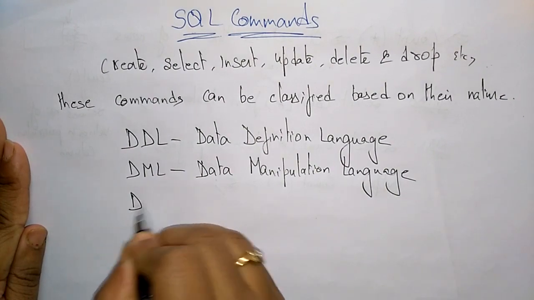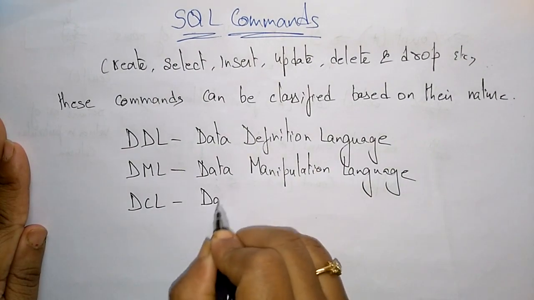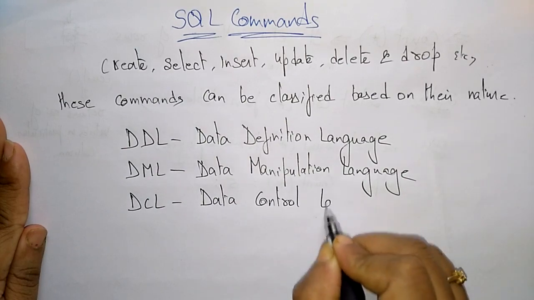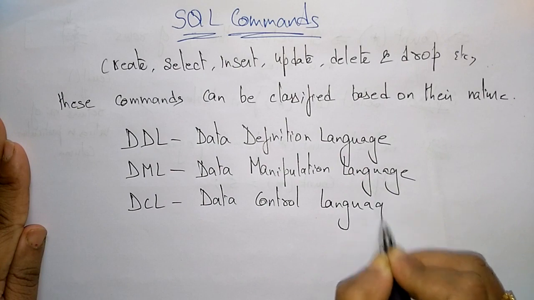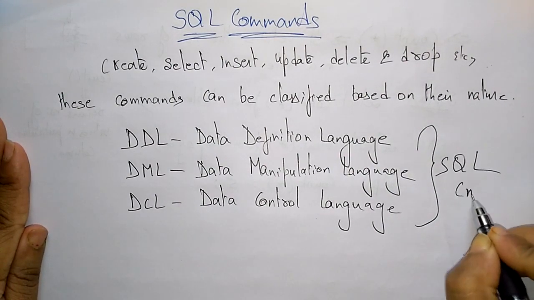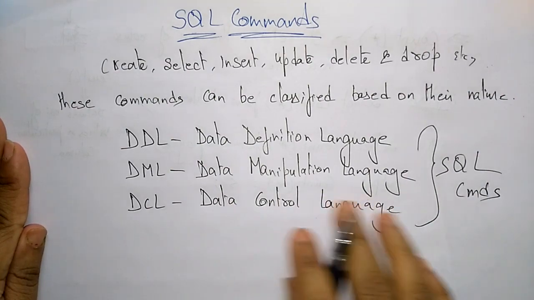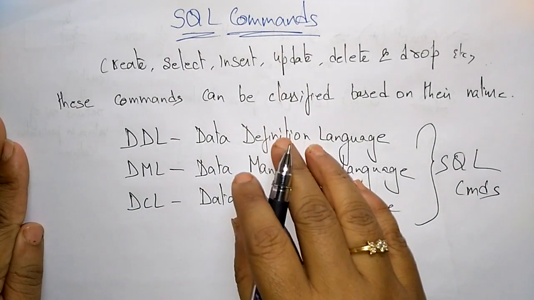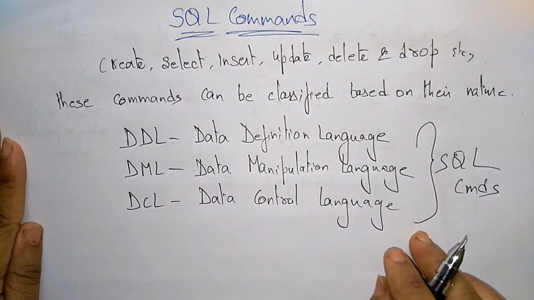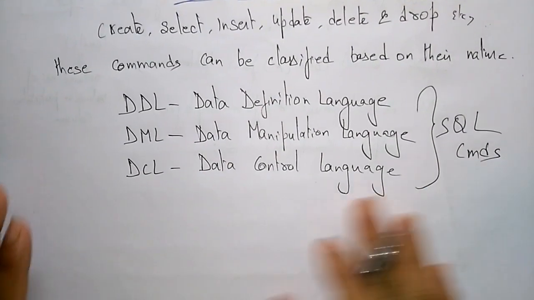And the next, DCL, data control, C for control, L for language. So the complete structured query language commands are divided into these three types: data definition language, data manipulation language and data control language. Let us see one by one.